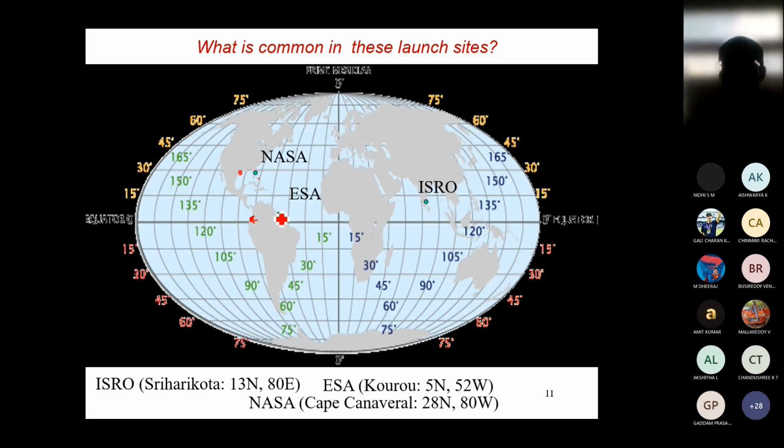The Earth is rotating. Even when the satellite is not launched, it has a velocity that is the same as the velocity of the Earth. Now, if we launch in the same direction in which the Earth is rotating, we will require less fuel or less energy to get a certain velocity. That is why satellites are launched towards the east, in the eastward direction.